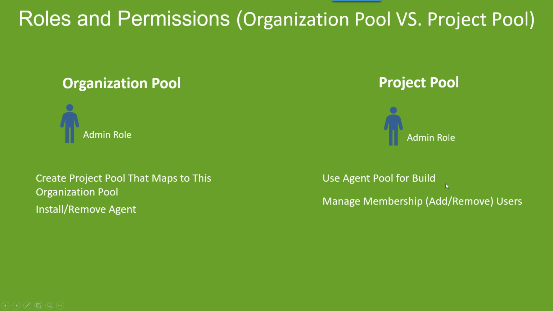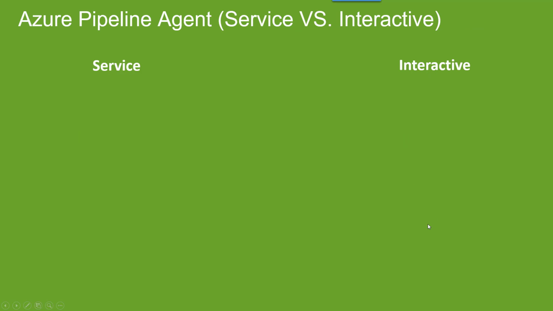With the admin role, they can of course use the build, and they can manage membership, so they can add and remove other users who can use the build. So these are the main permissions. Of course, we have different permissions. For example, on the organization pool, we also have read, which is for monitoring the agents. But I will say these are the most important permissions to be used.